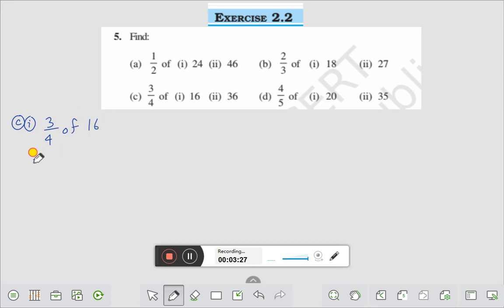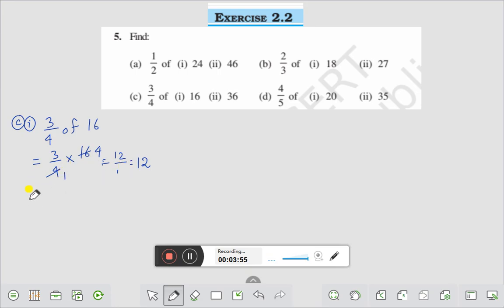That will be equal to 3 by 4 of, is multiply, 16. If we change into lowest term, 4 1 is 4, 4 4 is 16. That will be equal to 3 4 is 12 by 1, that is equal to 12. Answer: that is equal to 12.